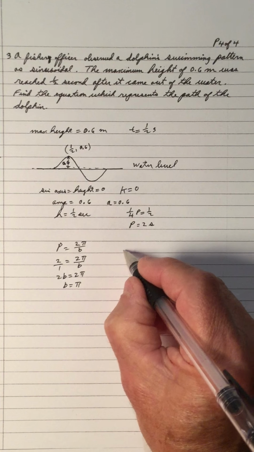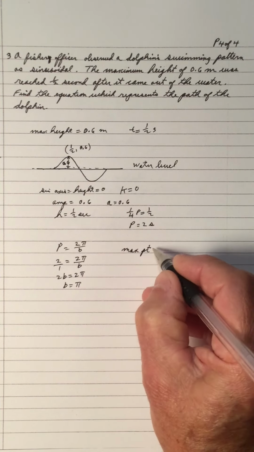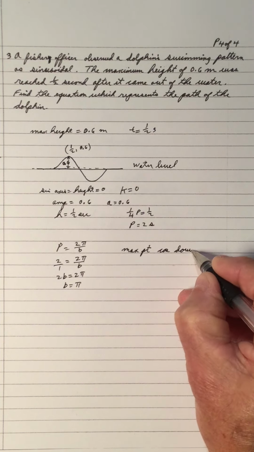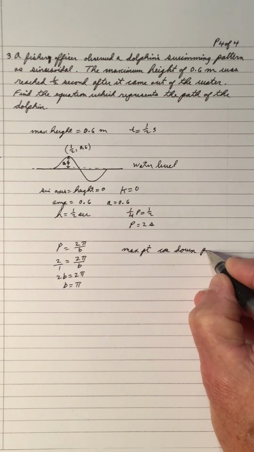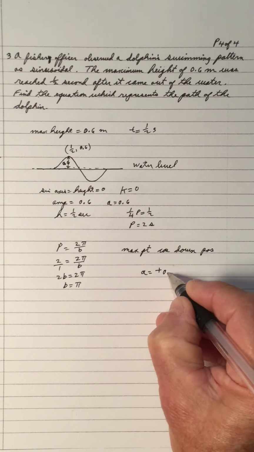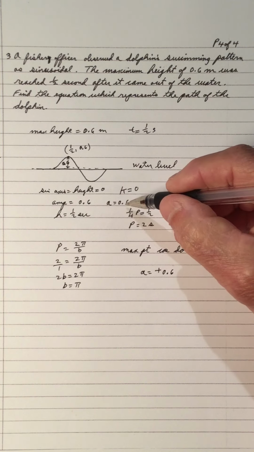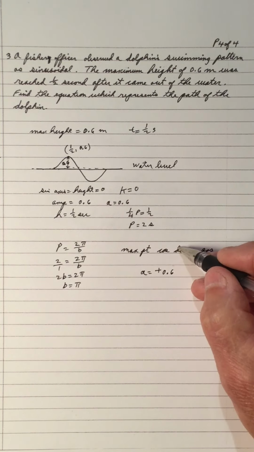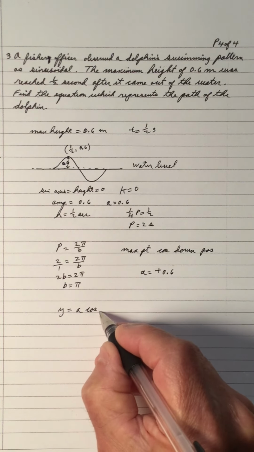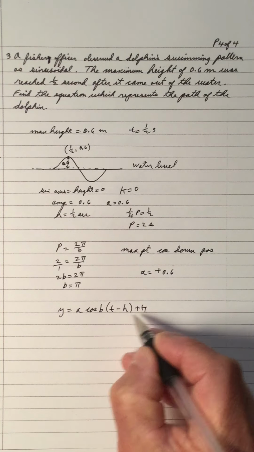And again, it's reaching its maximum height, which is a cos graph, and it's going down, so that means it's positive. So A is definitely positive 0.6. Up here we said the amplitude was 0.6, but we didn't know whether it was positive or negative, and now we do. So the equation is y equals A cos B(t minus h) plus k.